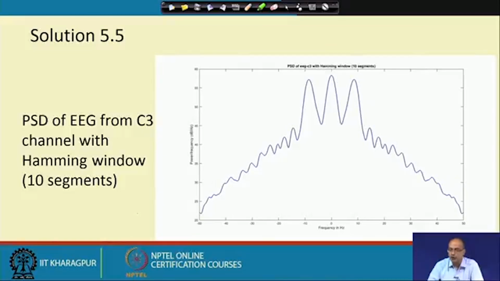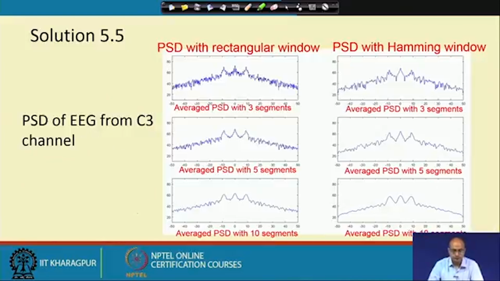Now, we put all of them together and we see on the left-hand side the rectangular window is used, right-hand side the Hamming window. Using the Hamming window we get a more smooth PSD, and the smoothness also increases with the number of segments, but at the cost of frequency resolution.